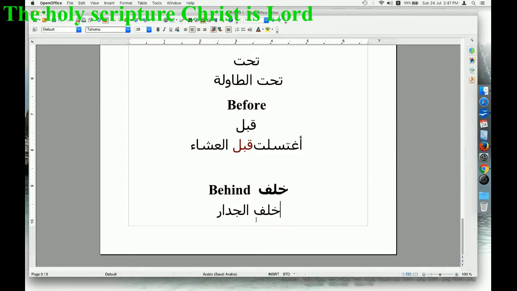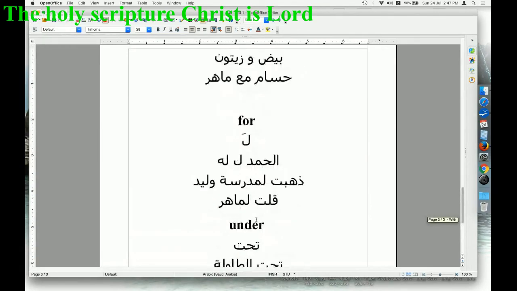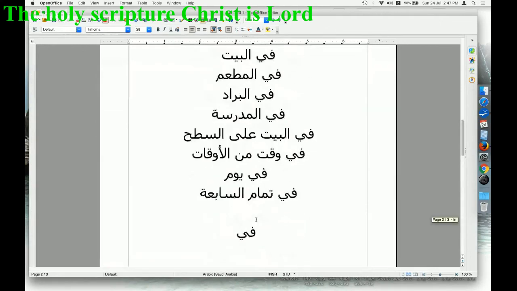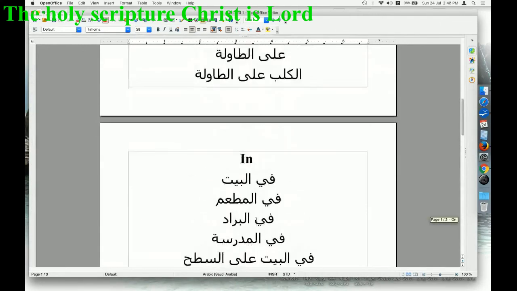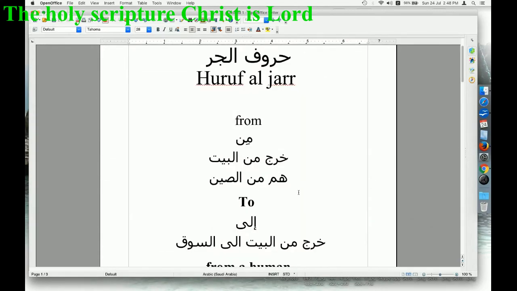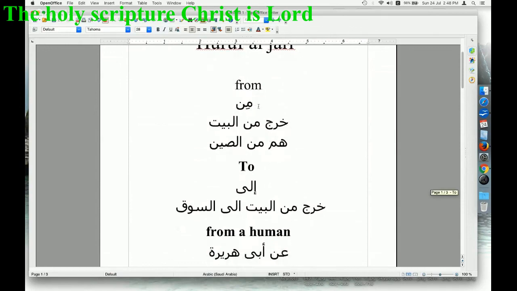And all those words will help you to speak about timing or position or a conjunction between two things, etc. As you see. Now, من: خرج من البيت, he left from home. من الصين, they are from China.